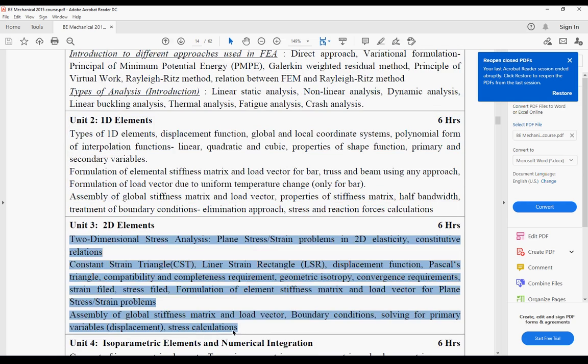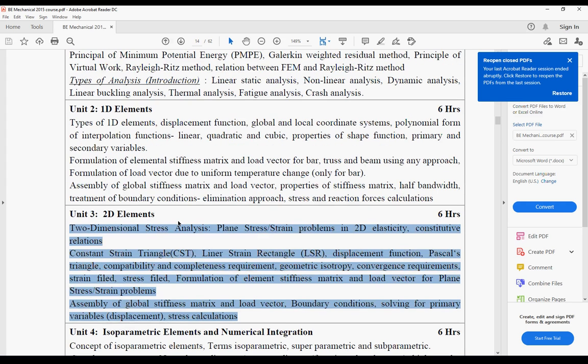And two-dimensional stress analysis, this part is your geometric modeling, which we have studied in the case of surfaces, curves, and shape functions. So that will be a part of unit 2 and unit 3. Units 3 and 4 are totally the same as what we have studied in geometric modeling.